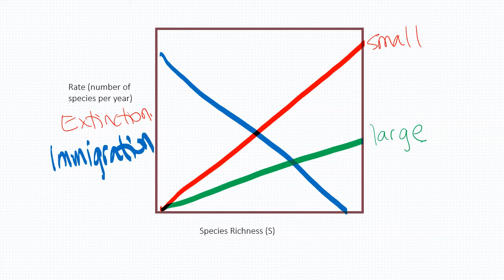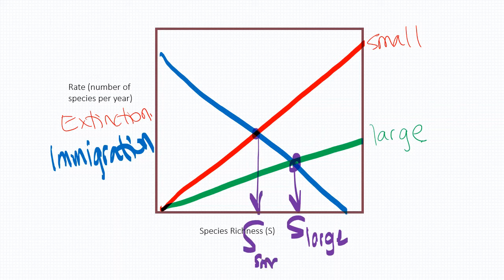And where we see the two lines cross for the large island, we have an equilibrium number of species right here. That is the number of species you would have at equilibrium for a large island. And then where the two lines cross for the small island, your equilibrium right here is going to be lower. So you can see how area is going to impact the extinction rates, and that's also going to impact your equilibrium number of species.